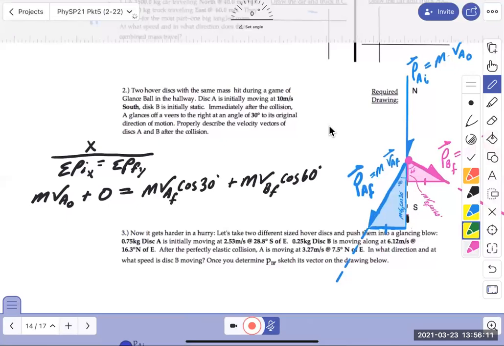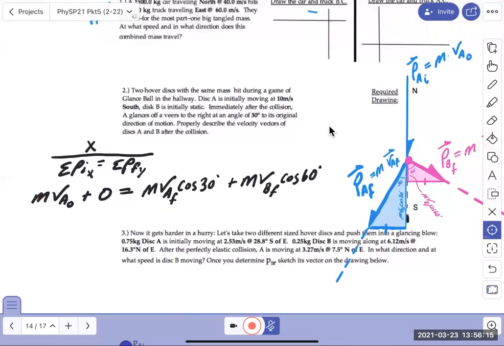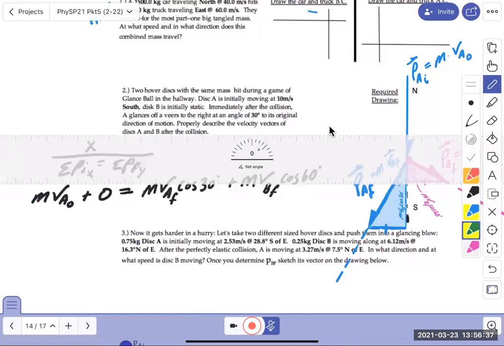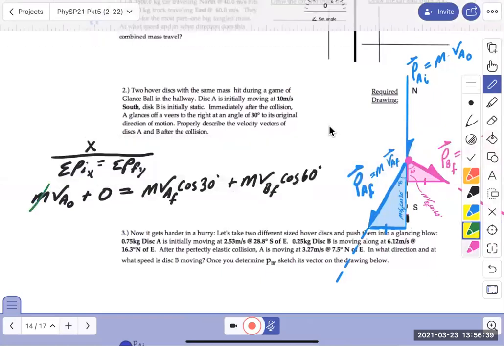Bring out the green kill pen. M is common to everything, so M can be killed. I can just divide both sides by M. Goes away, goes away, goes away, goes away.